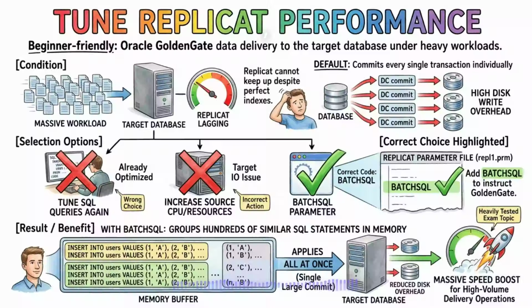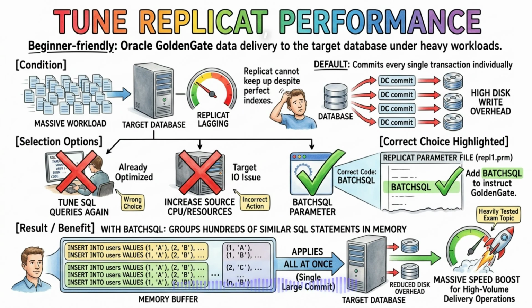Another critical file management task you must automate is the cleanup of old, processed trail files using the manager or deployment purging rules. If you do not configure an automated purge policy, your server hard drives will eventually fill up completely with historical trail files, causing the entire GoldenGate environment to crash.